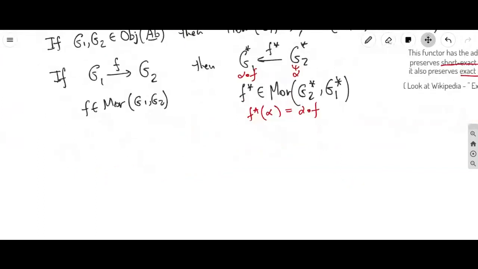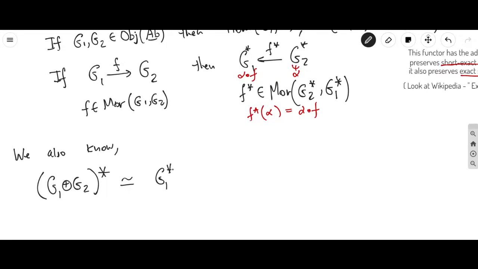Now, the other thing I want to say about the dualizing functor is that we also know, and we talked about this before, that if you have two groups and you take their direct sum and take the dual of that, you get something isomorphic to the direct sum of their duals.